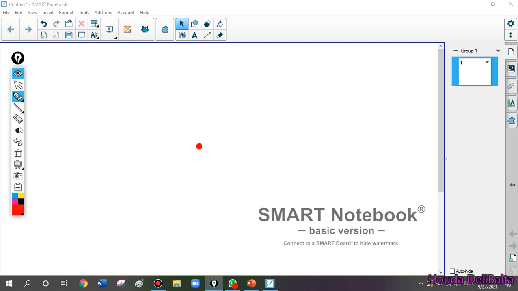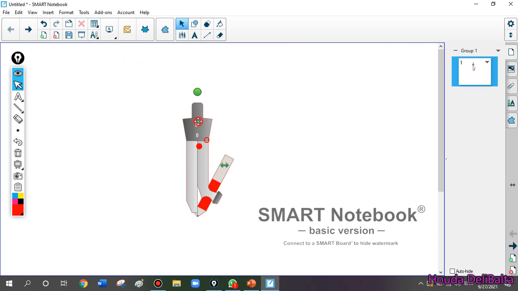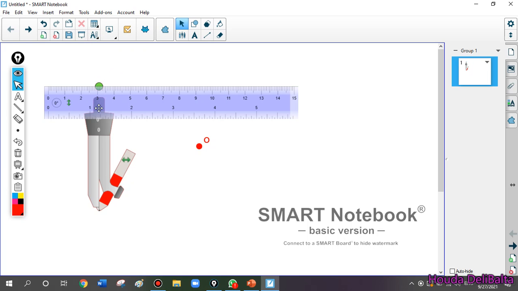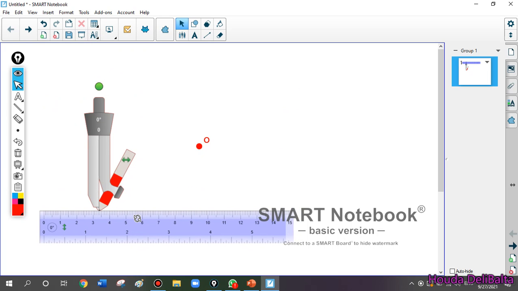I'm going to write the letter representing the center, which is O, as we usually use O for the center. Now to draw the circle, I need to use the compass and the ruler.